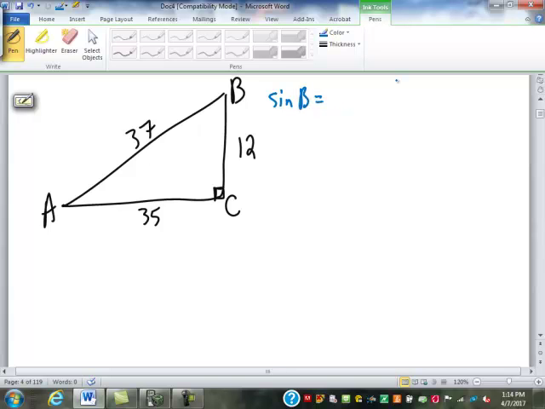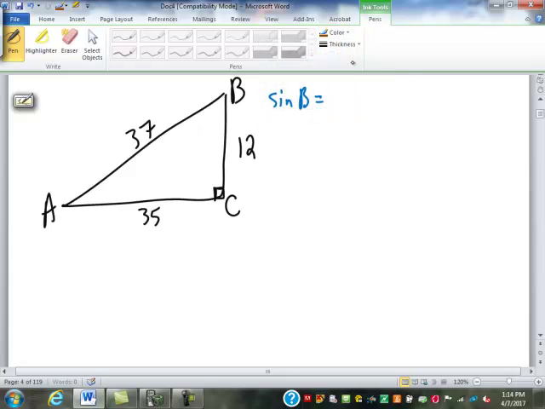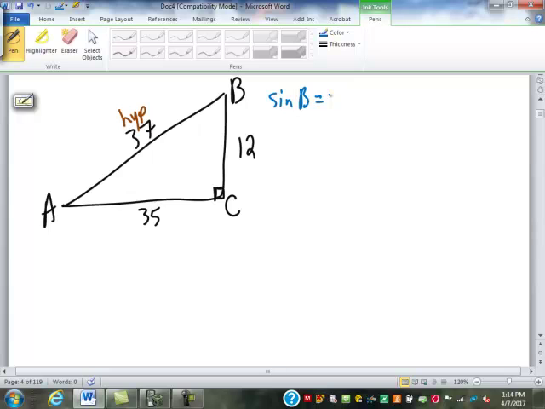I ask you for the sine of angle B. Well, let's label some sides here. The 37 is what side of this triangle? Hypotenuse. I picked that one first because that's the only one that really has a name that doesn't change.